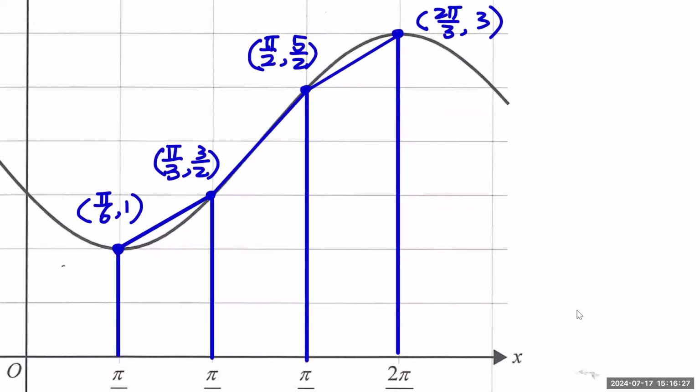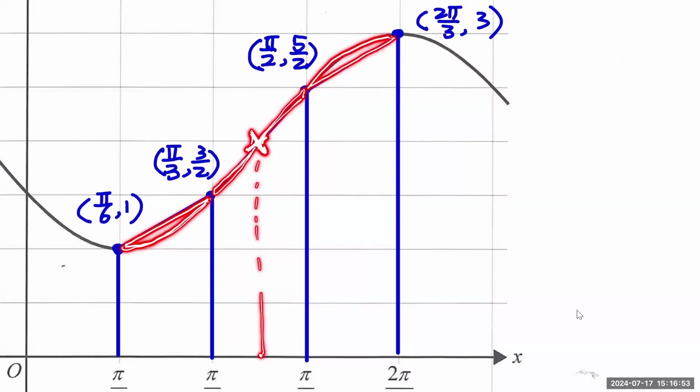There's one thing you probably have noticed here. Look, this part of the sine curve is not a straight line. So you will have a tiny bit of area here and also a tiny bit of gap here, okay? But they are symmetrical about this value according to the symmetry of a sine graph. This is a point of inflection here. And also this bit exceeds the actual area under the curve.